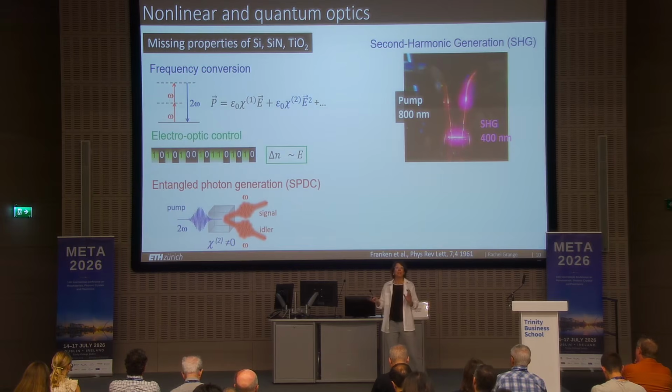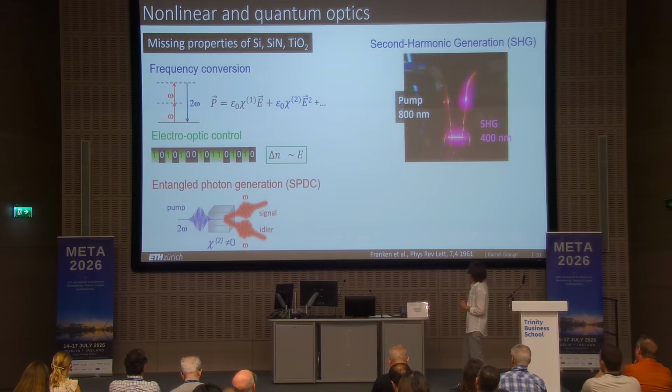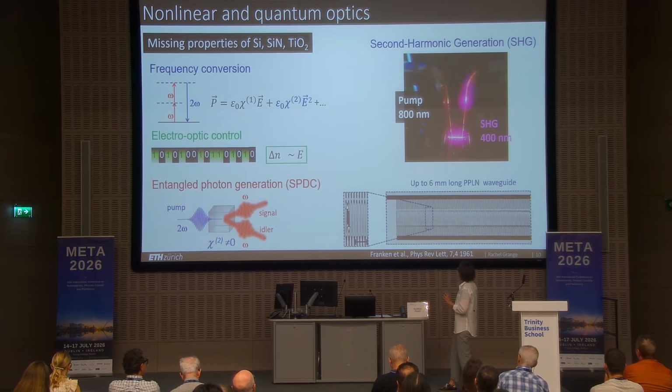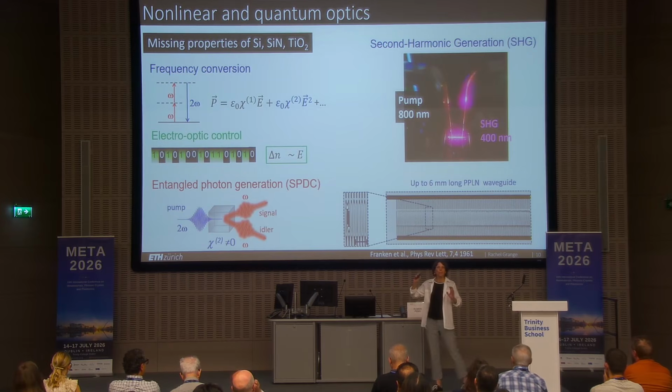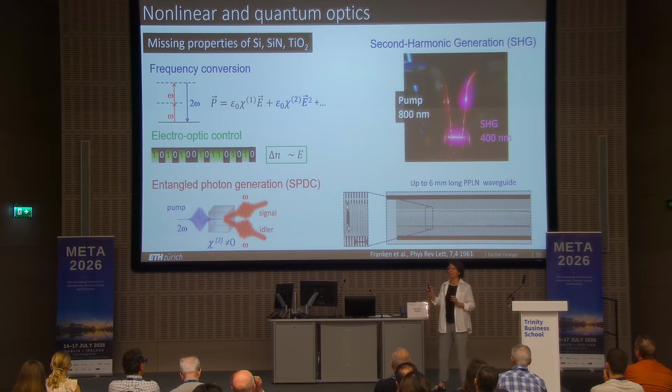And I will still mention a bit of photonic integrated circuits here. Here you have an example of a pump photon at 800 nanometers, which generates a very strong second harmonic photon thanks to periodic poling. Because of course, when you go on chip, not on flat photonics, you rely on phase matching.